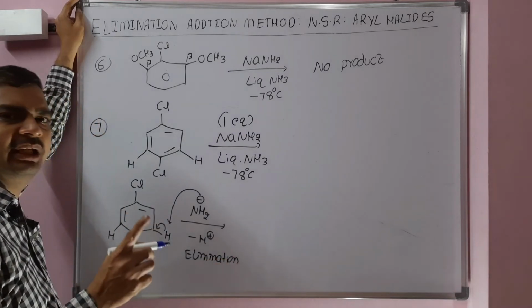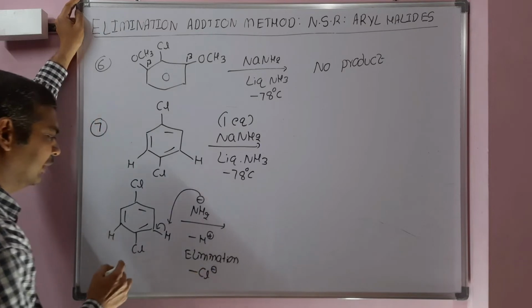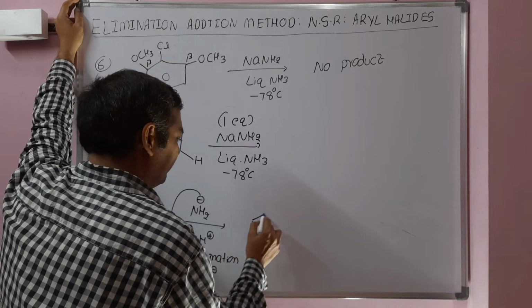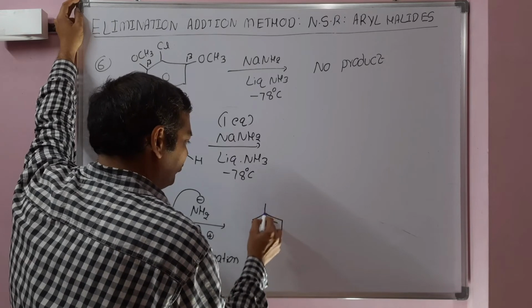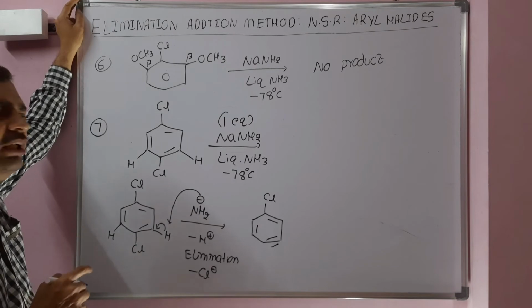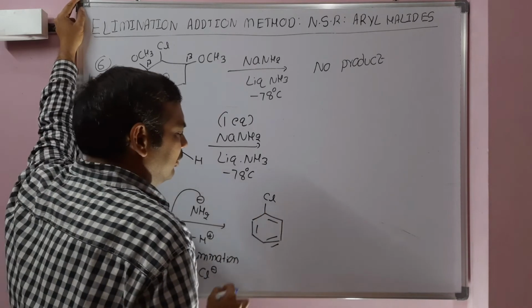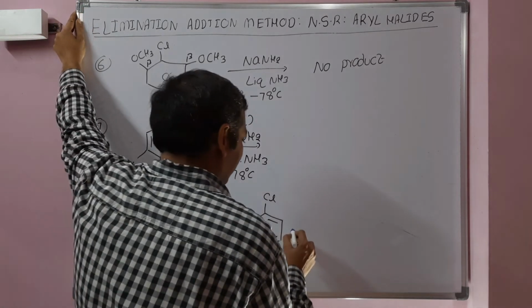First the carbanion is formed, after that expulsion of the leaving group. I am writing the benzyne directly. This is the benzyne that is obtained in the case of one equivalent. If you use two equivalents, one more benzyne will be formed, but we are taking only one equivalent.